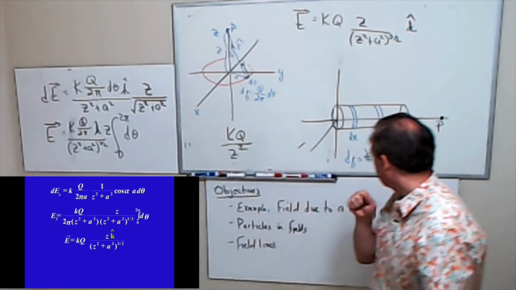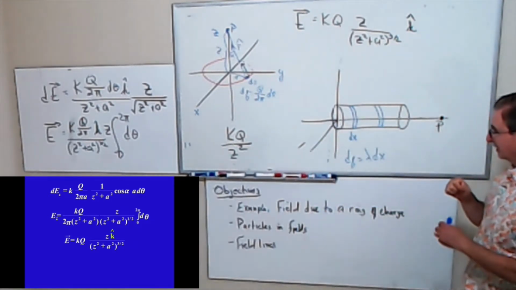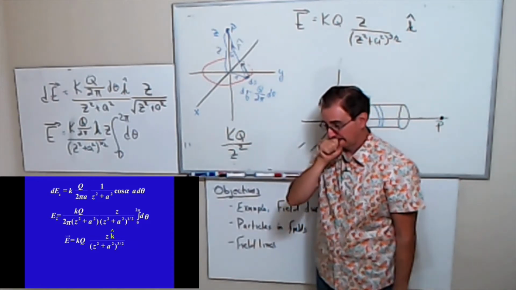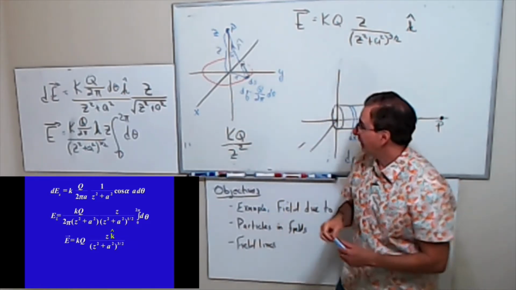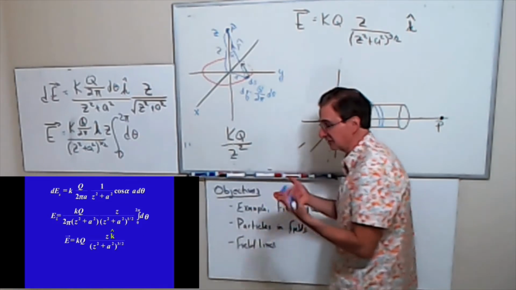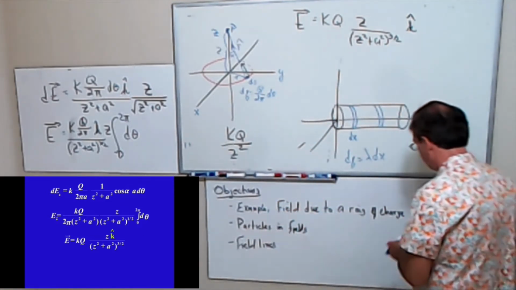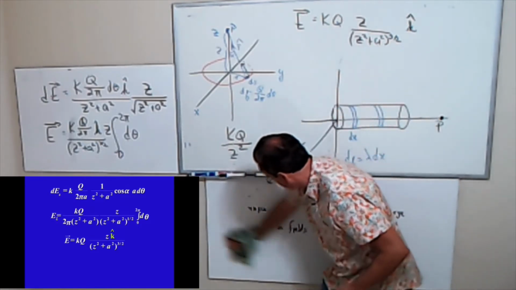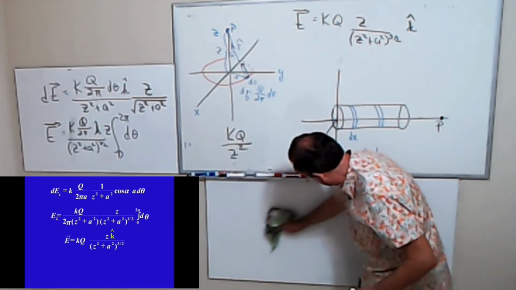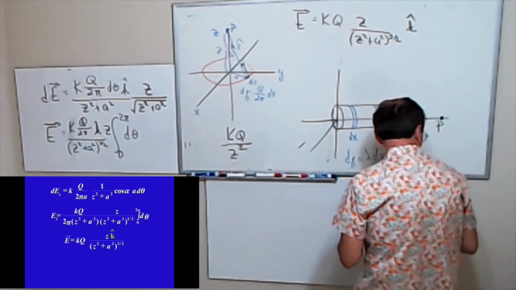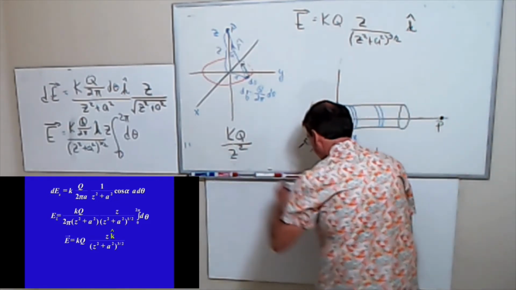Okay, so this allows you to find the field due to a disk. Because if I have a disk instead of a ring, I want to find the field due to a disk.